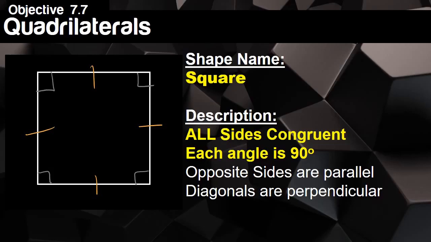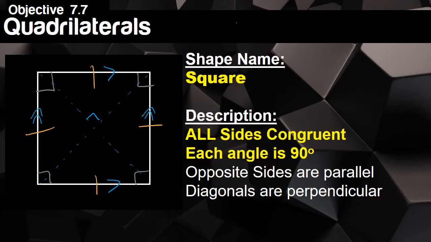And our diagonals here are perpendicular, meaning that when they intersect, they're going to make 90-degree angles in the middle. And the last feature not listed here is that the top and the bottom are parallel, and the left side and the right side are parallel to each other.